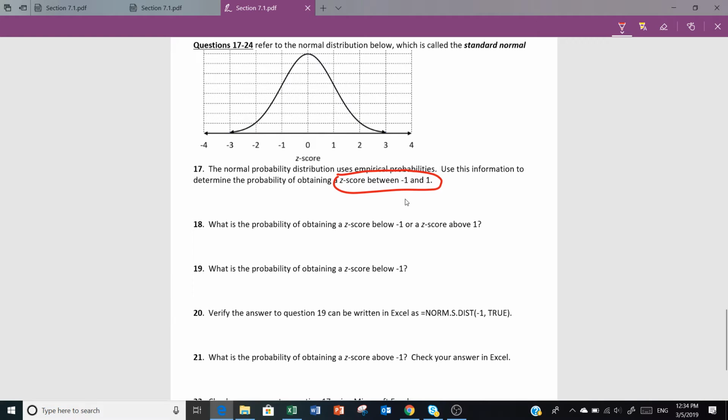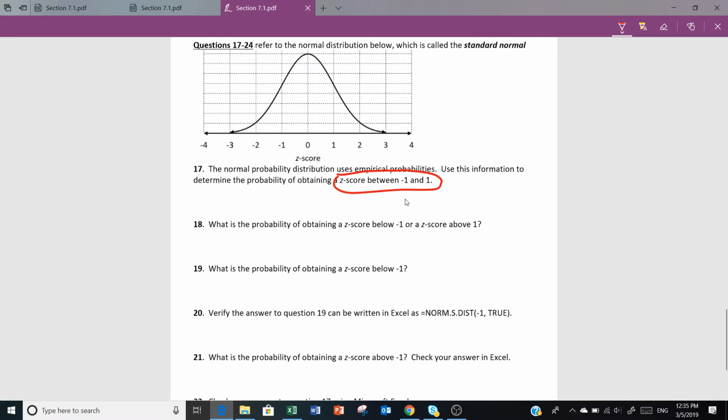The probability of getting this area is this area. I think I should do 1 minus, or like 1 minus. Oh wait, no, you're right. Basically, you get a z-score between 1 and negative 1.